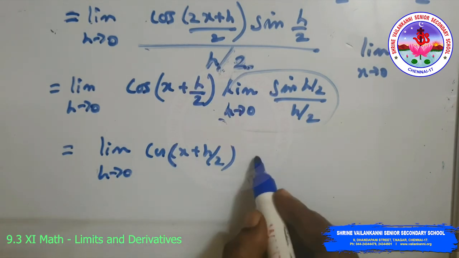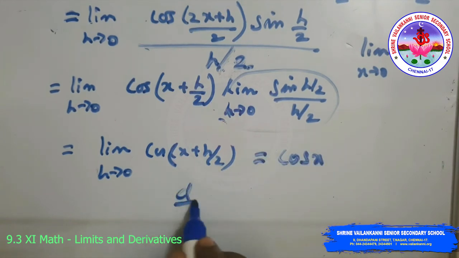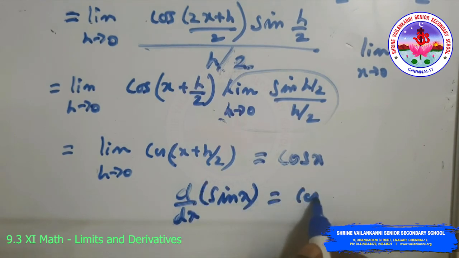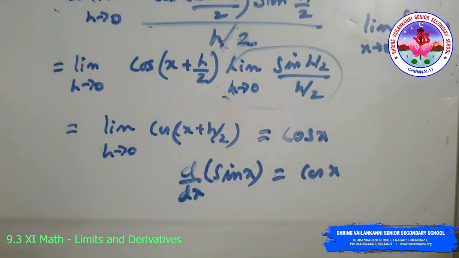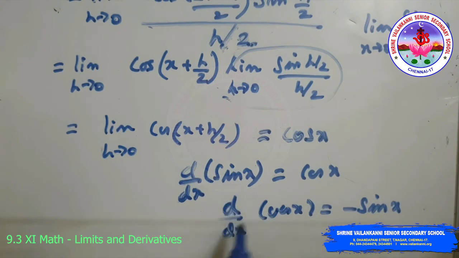Put h equal to 0, we get cos x. So d by dx of sin x is cos x. Similarly, d by dx of cos x is minus sin x. This you can do on your own and just verify your answers.